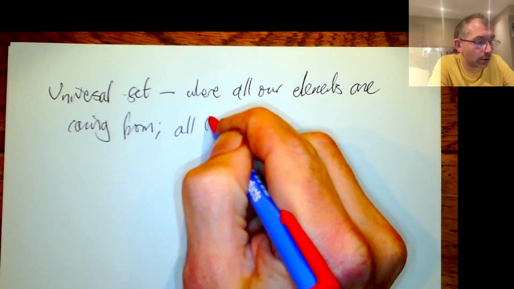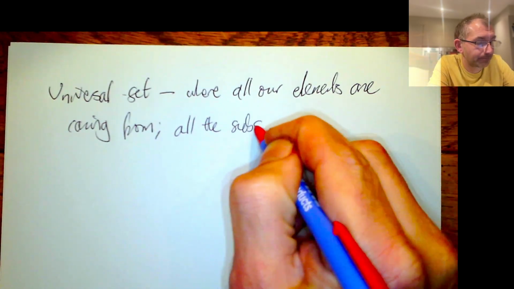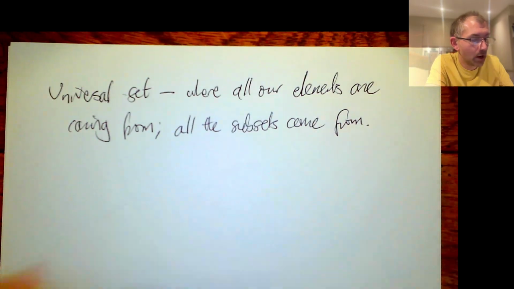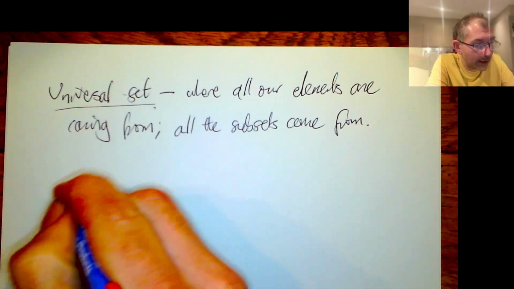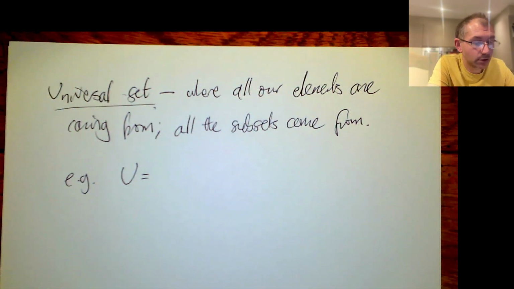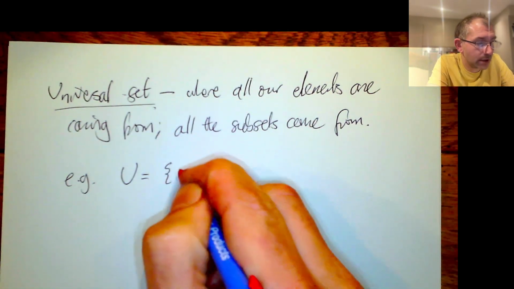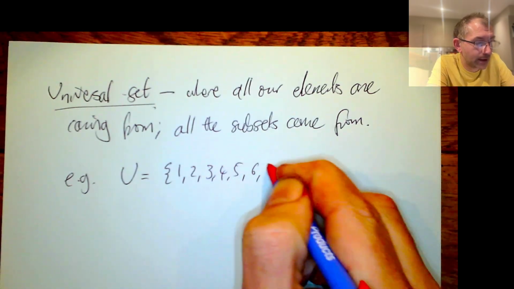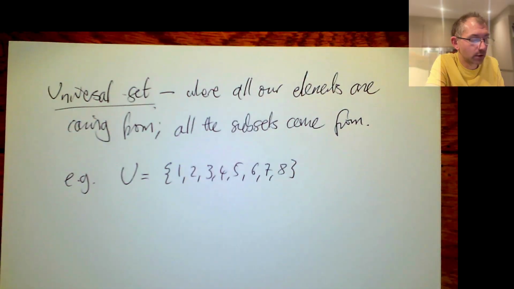So in the examples that we're going to take, we will set our universal set just to be the natural numbers between 1 and 8. And then I'm going to take two sets, and then I'm going to illustrate the operations we can perform with those two subsets.